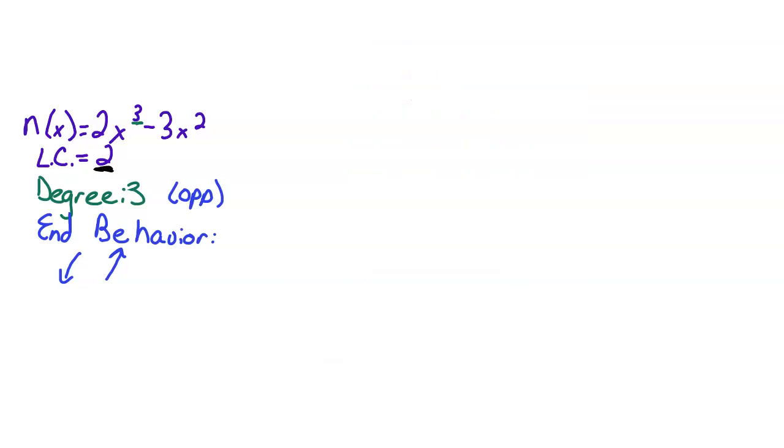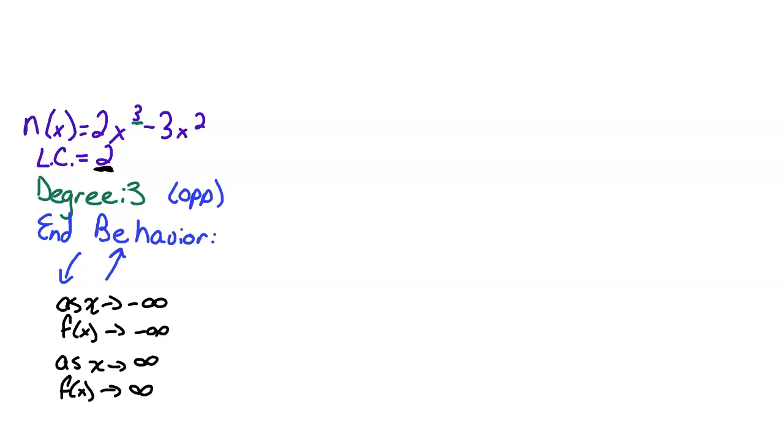And this 2 is telling me that we're going up on the right side. So as x approaches negative infinity, the left side, f of x will also approach negative infinity. As x approaches positive infinity, f of x will approach positive infinity.